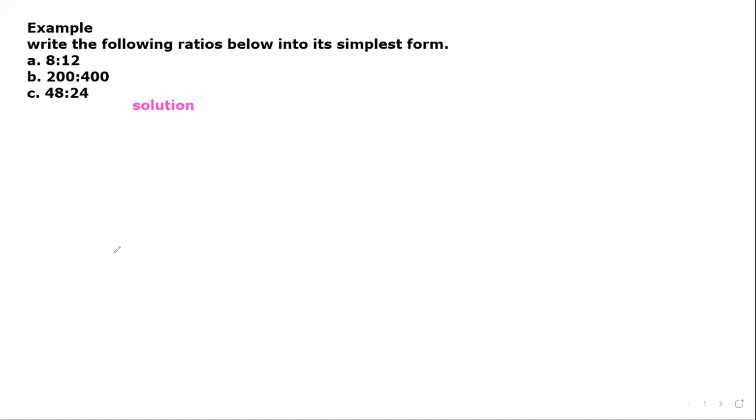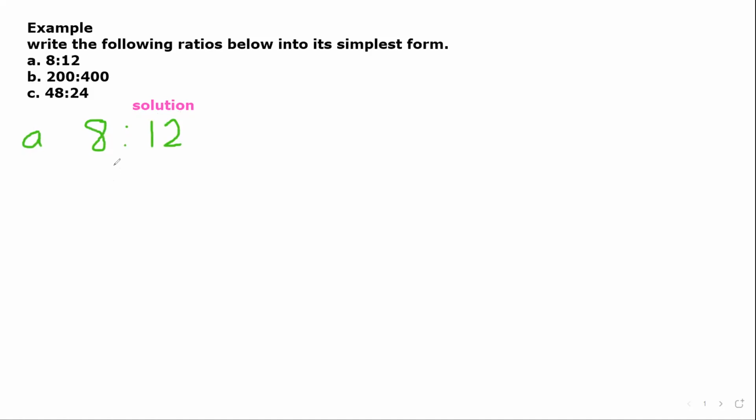Now the first one is A, 8 to 12. 8 to 12 is a given ratio, but this one here is not in its simplest form.